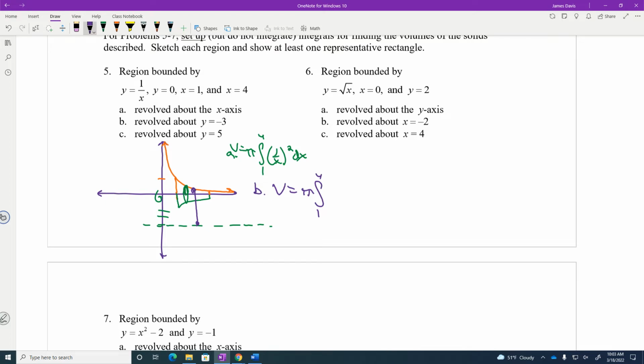Function minus -3, or plus 3 then. So 1 over x plus 3, quantity squared. Outer squared minus our inner squared. What's the inner? It'll just be 3, the distance. It'll always be positive because it's a distance, right? Minus.